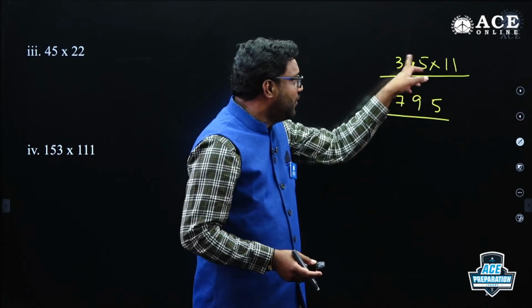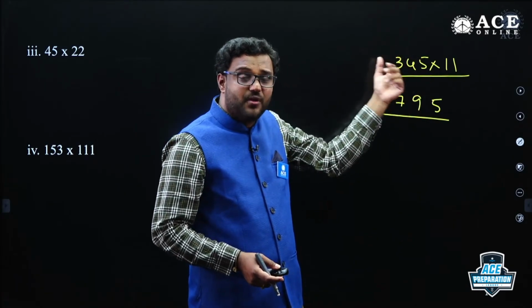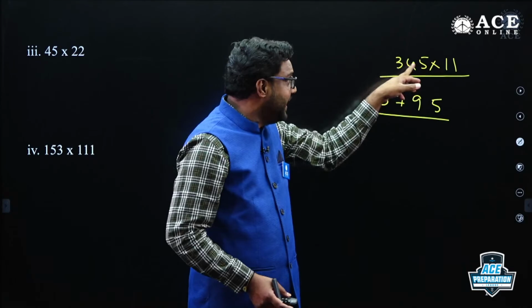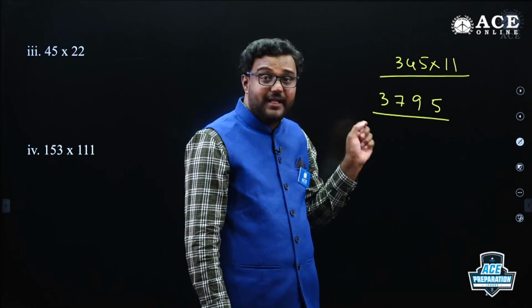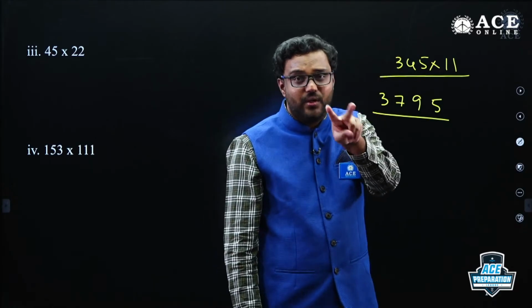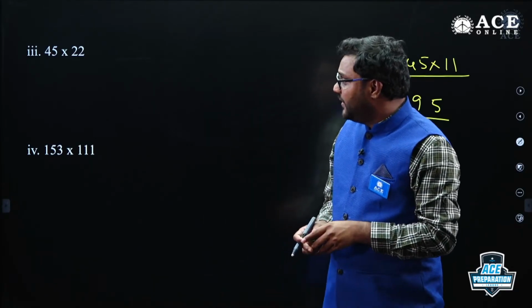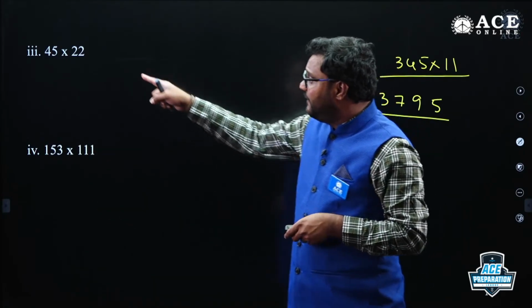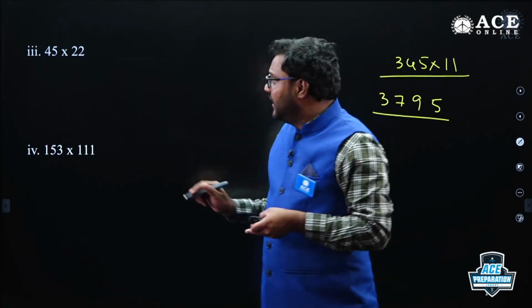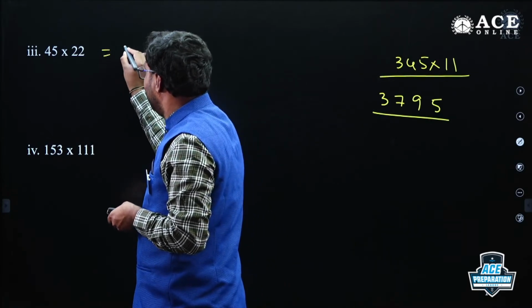If a carry is there, that should be forwarded to the next one. Right, so this is how you should calculate with 11. Maximum it can hold 2 numbers. Now triple 1 and 4 ones also we can discuss. 45 into 22 can be taken as 90 into 11, right?